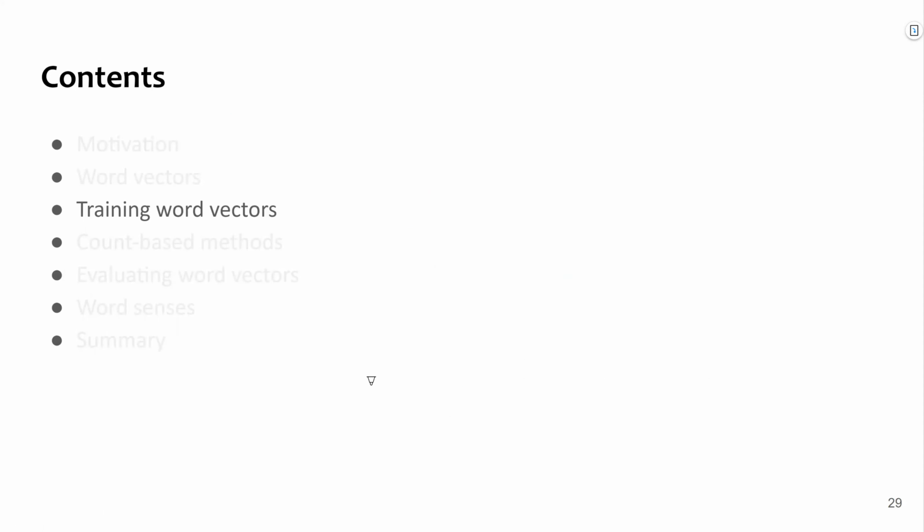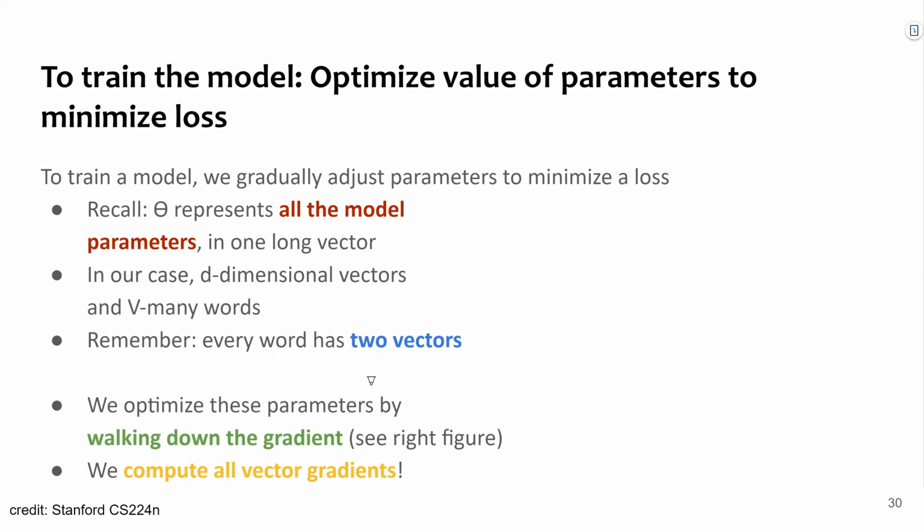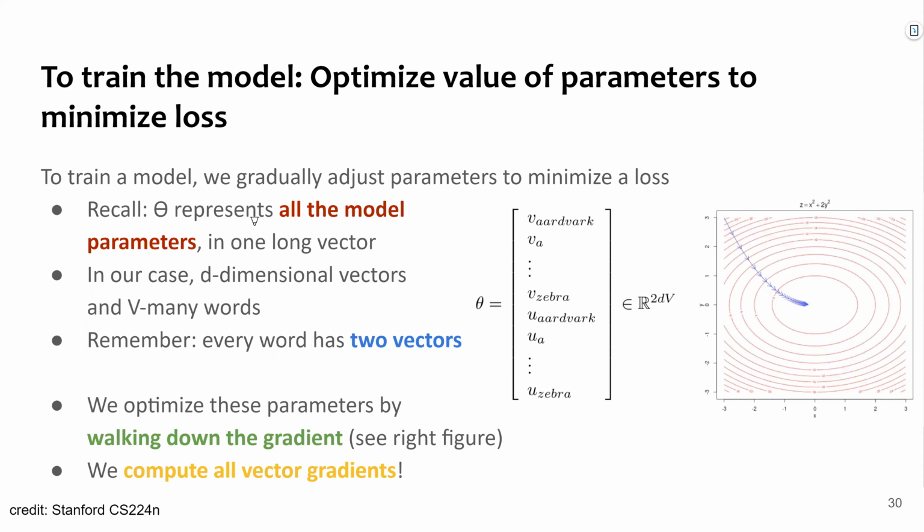Okay, that was about the definition of word vectors. From now on, let's see how we can actually train word vectors. To train a model, we gradually adjust parameters to minimize the loss. Recall that theta represents all the model parameters in one long vector.